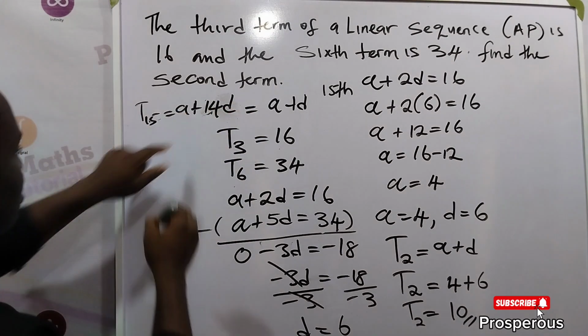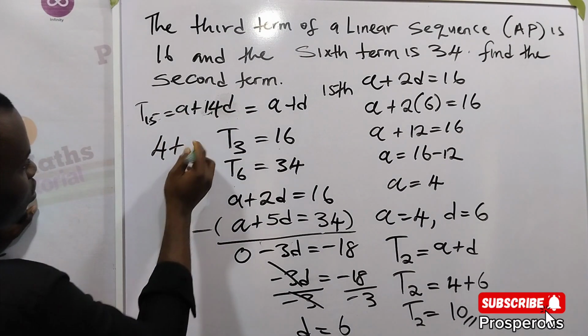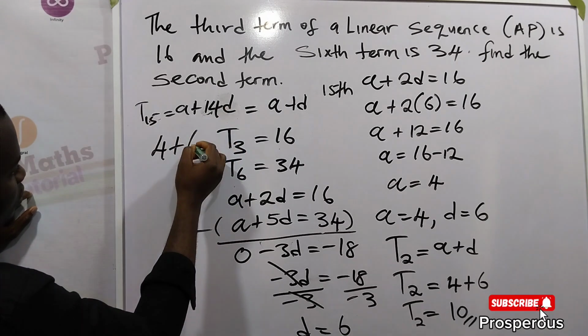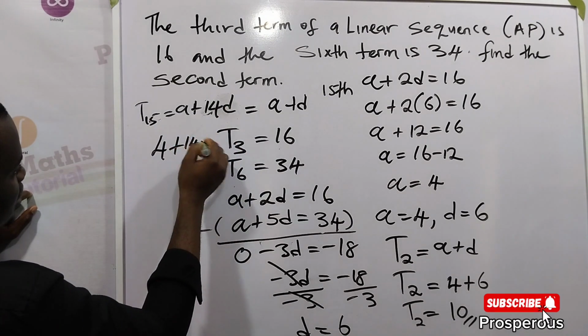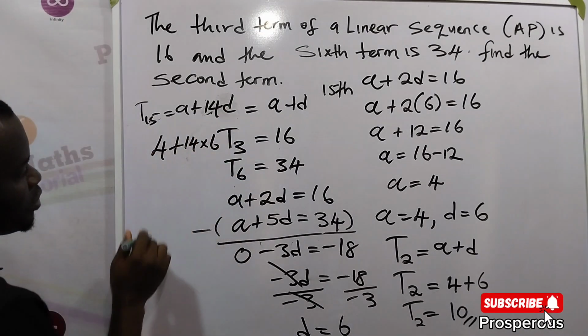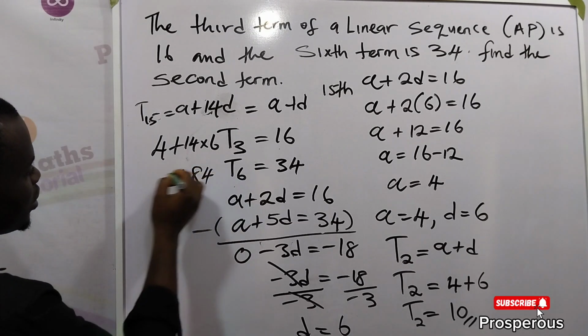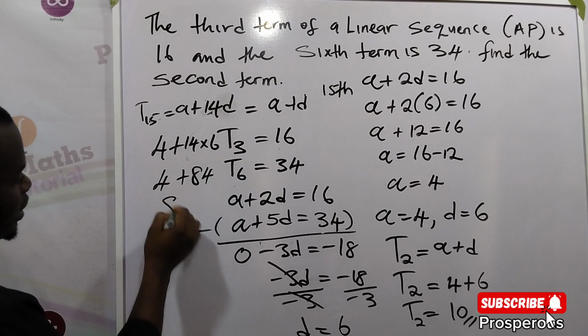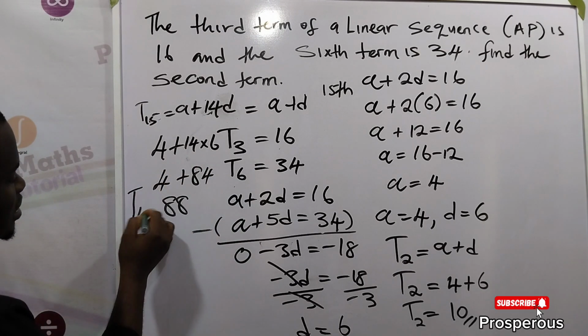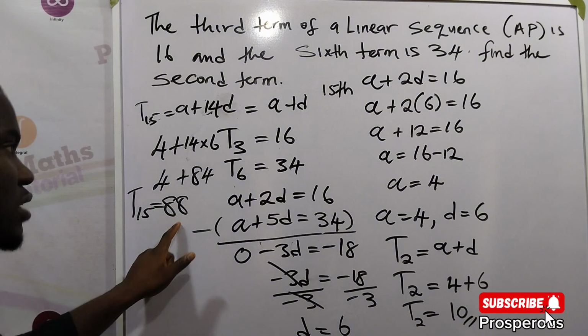Our first term is 4 and our common difference is 6. That would be 14 times 6, which gives us 84. Then we add 4 to it. We have 88. So the 15th term, T15, is 88.